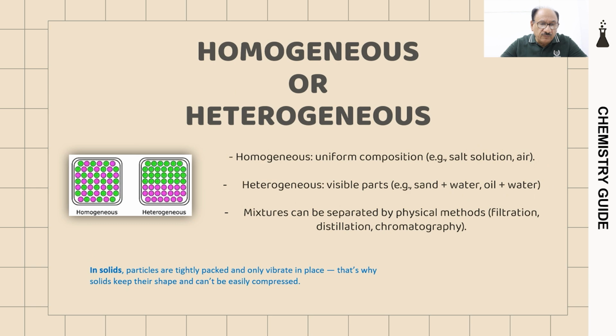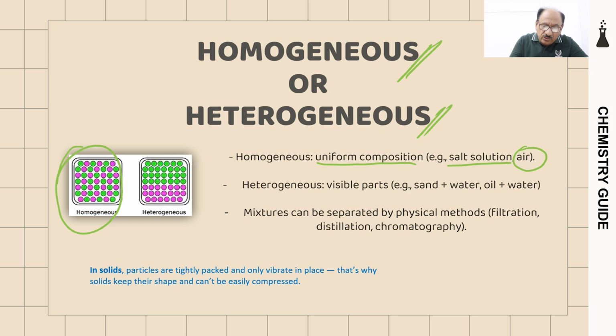Further, we categorize the mixtures. There are two types of mixtures: homogeneous mixture and heterogeneous mixture. Homogeneous mixtures are mixtures with uniform composition, like a salt solution and air, with a fixed ratio.